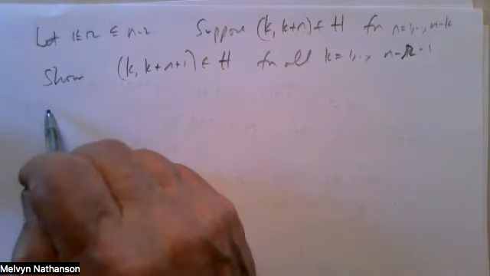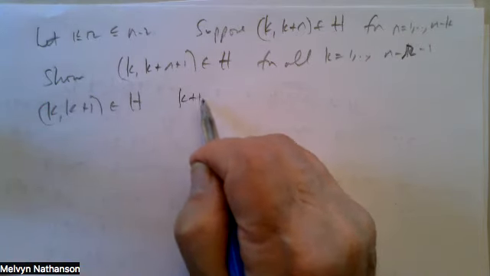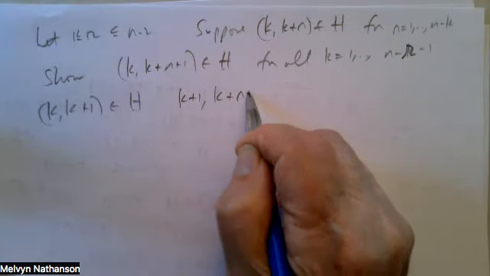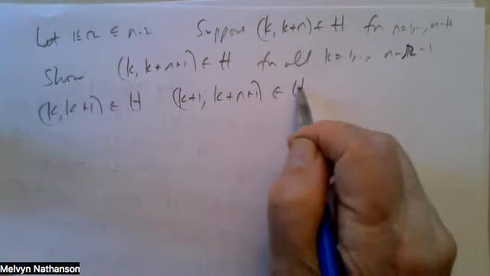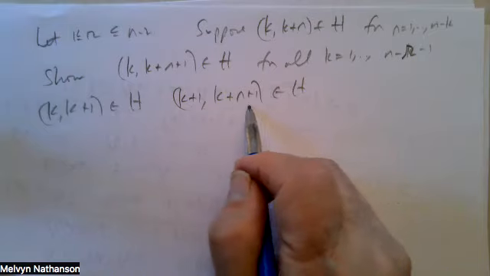So let's write the following. We know that (k, k+1) is in H. And we know that (k+1, k+r+1) is in H, because these numbers differ by r.